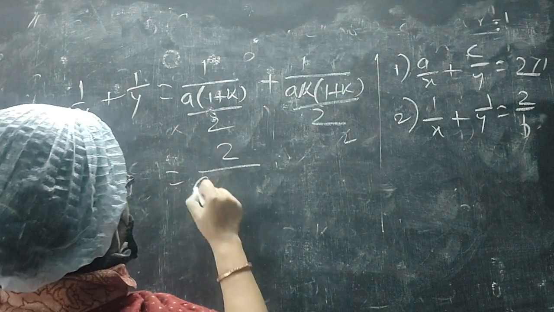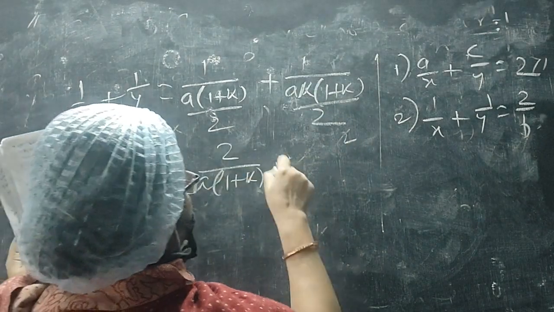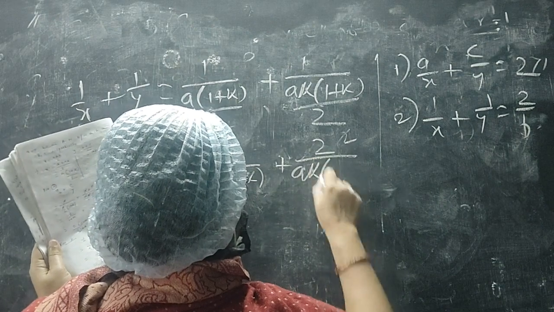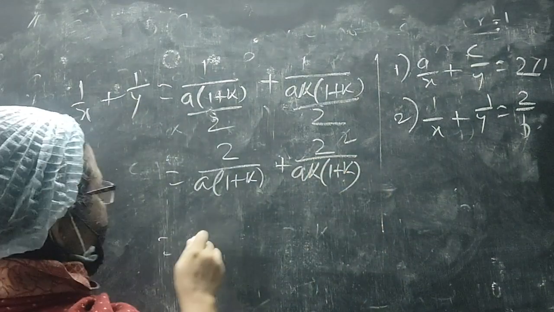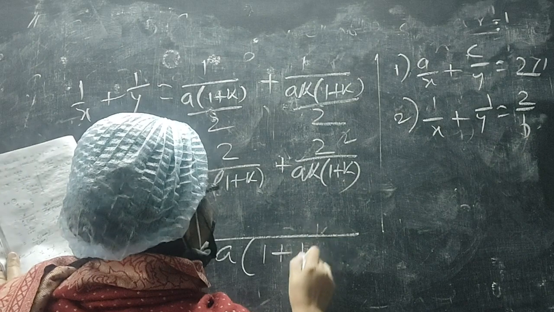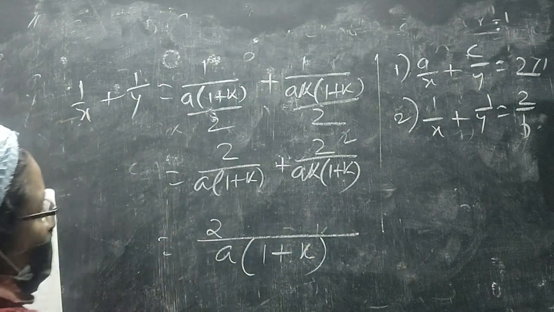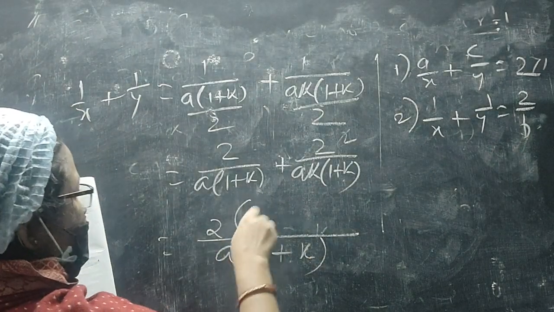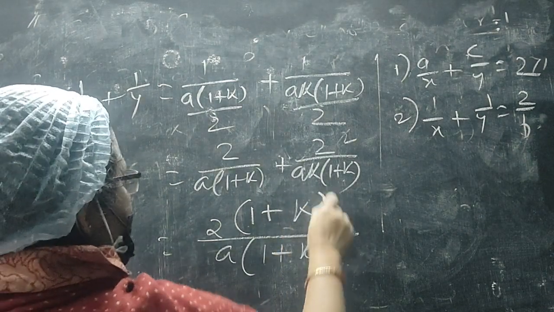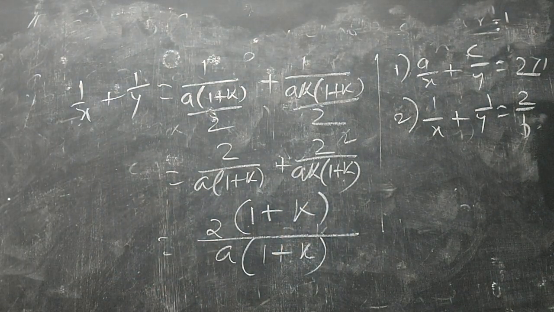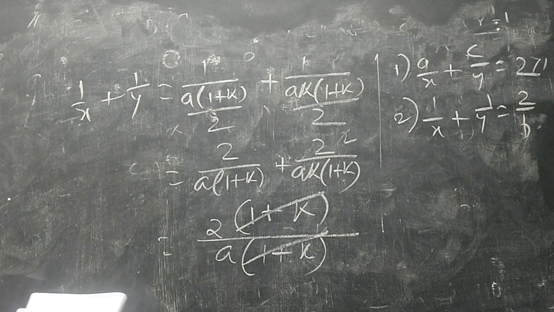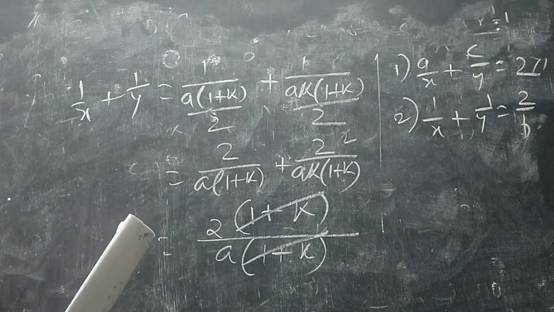This equal to 2 by A into 1 plus K, plus 2 by AK into 1 plus K. 2 by A into 1 plus K is common from here.